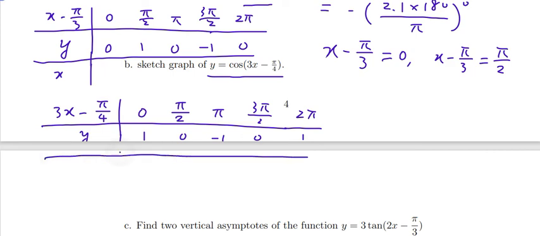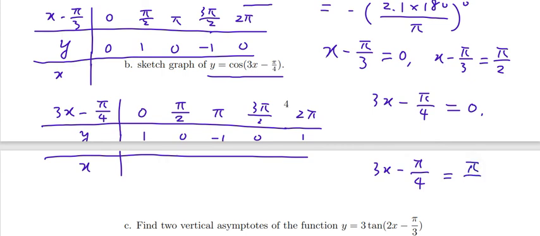Here we need to find the x values, so again we just solve the equations. When 3x minus pi over 4 equals 0, what is x? When 3x minus pi over 4 equals pi over 2, what is x?